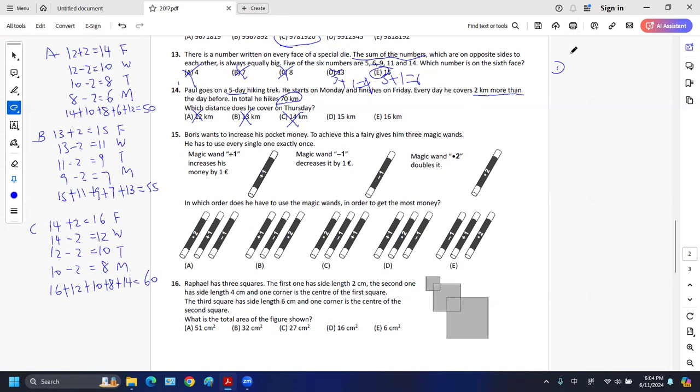So now D. 15 plus 2 is 17, Friday. 15 minus 2 is 13, Wednesday. 13 minus 2 is 11, Tuesday. 11 minus 2 is 9, Monday.